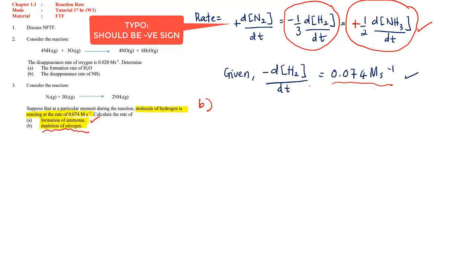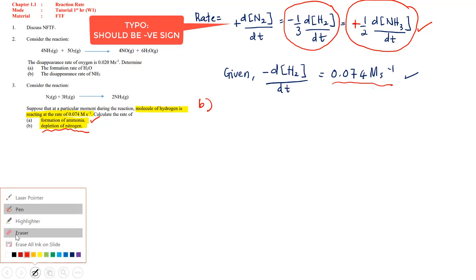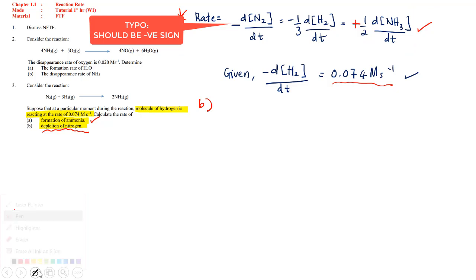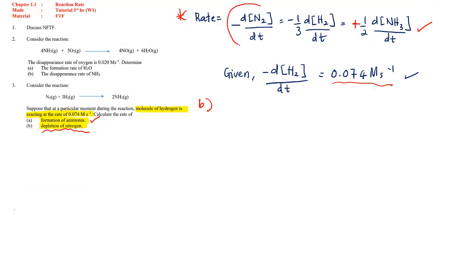And since given to you the rate of disappearance of hydrogen gas, we are going to compare the rate of disappearance of nitrogen gas and rate of disappearance of hydrogen gas from the differential rate equation.